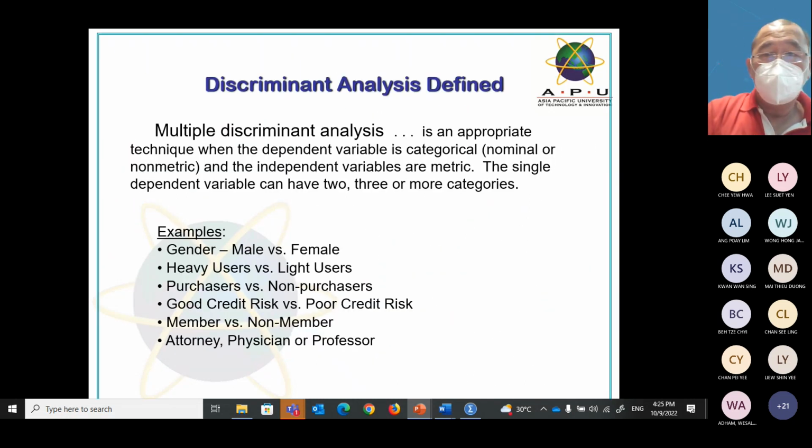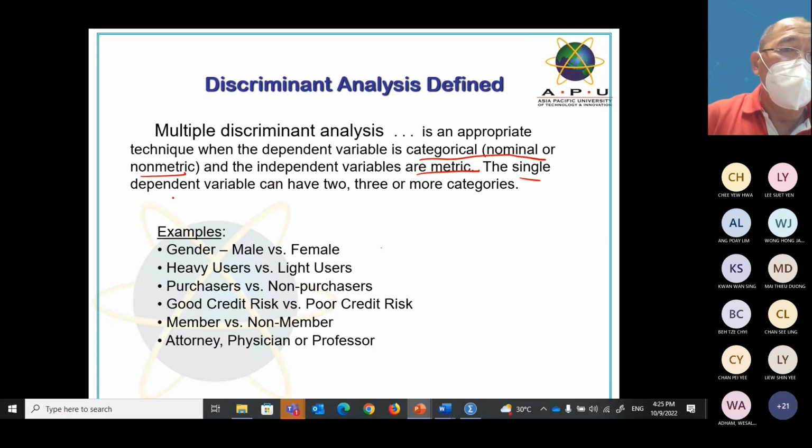So we see now that multiple discriminant analysis is an appropriate technique when the dependent variable is categorical, nominal or non-numeric. The example just now was KIV, accepted, rejected, and the independent variables are metric.